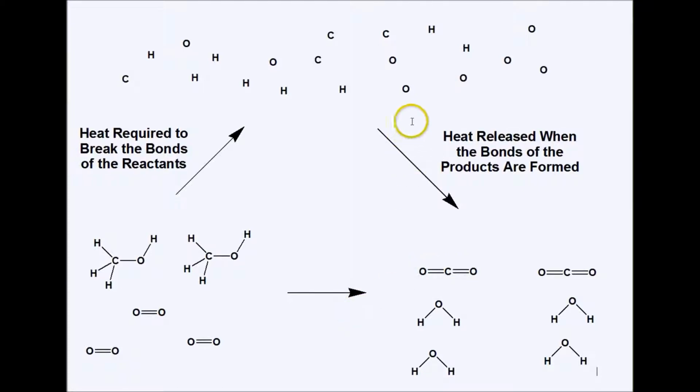So you release a lot of energy in forming the 4 carbon-oxygen double bonds, but you don't require that much energy in breaking apart the oxygen-oxygen double bonds. We'll show in the next clip that it requires less energy to break the bonds of the reactants than is released when the bonds are reassembled in the products. So that's the start, and we're going to go to an Excel spreadsheet next to explain this in a more quantitative way.